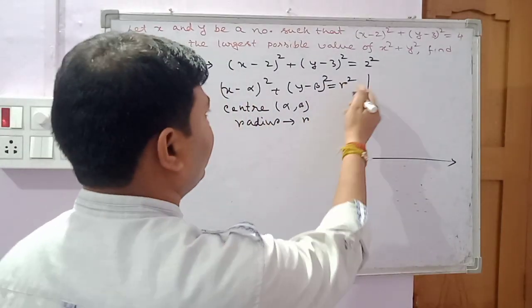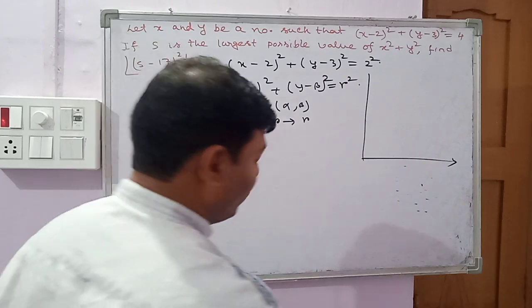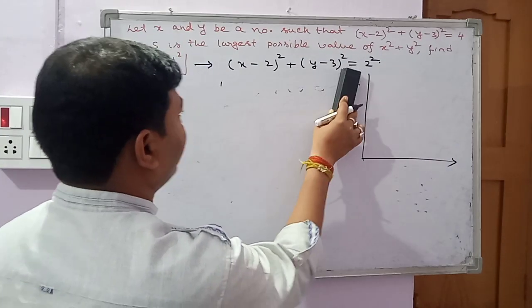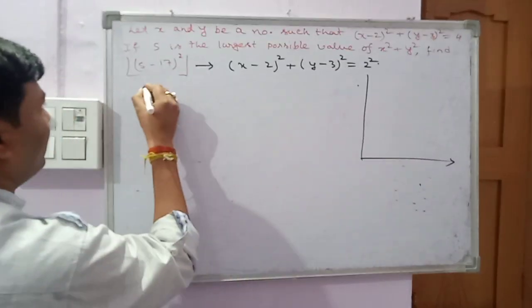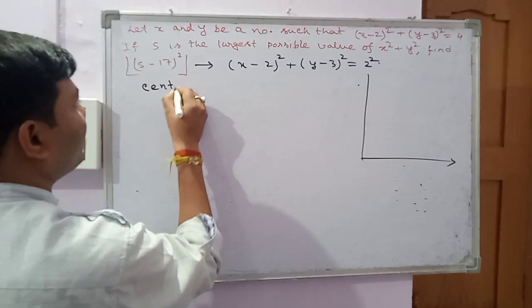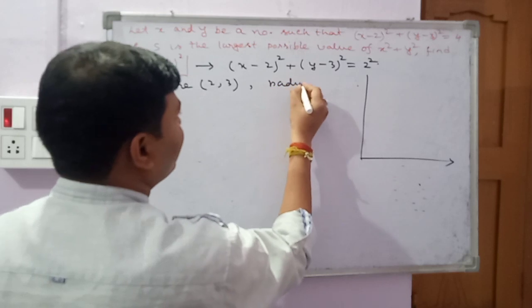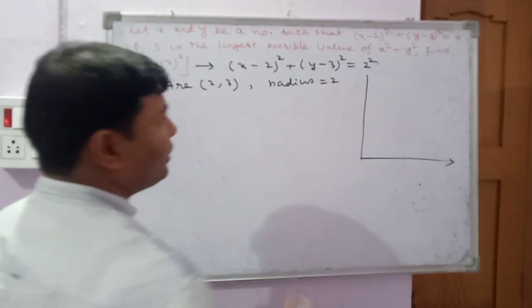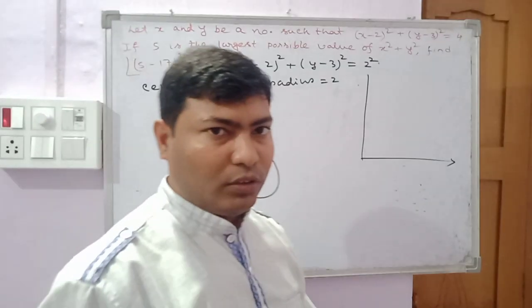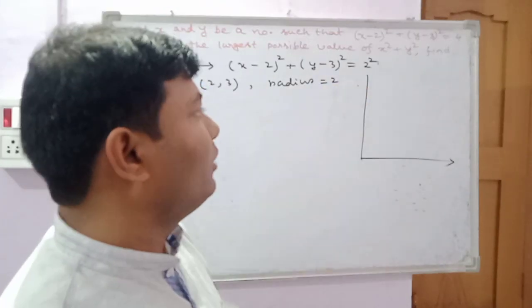So if we compare this equation with that one, we get that the center is (2, 3) and the radius is 2 units.